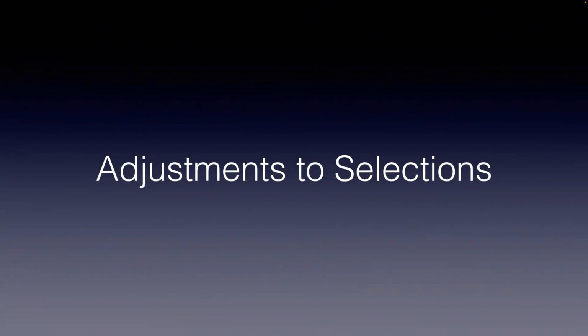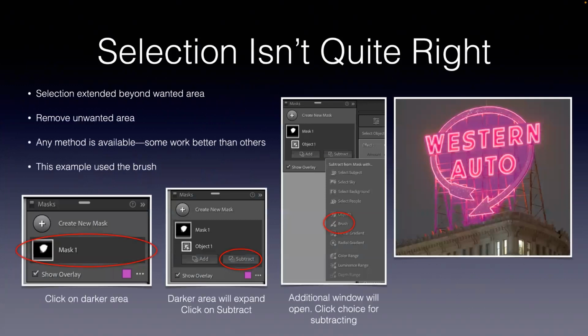Okay, so the next segment, we're going to talk about how we can take those basic selections and improve them to what we need. So if that selection just isn't quite right, what can we do to fix it? In the case of this one picture, you'll notice that there was a little spillover to the framework of the sign.